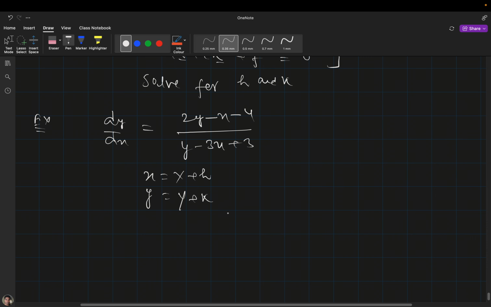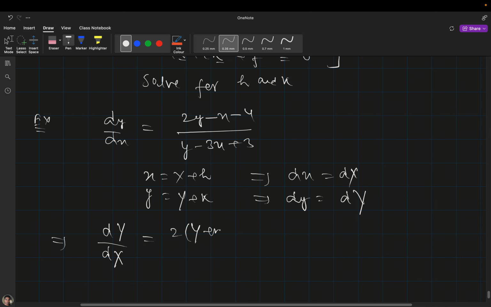Also, dx is nothing but capital dX and dy is nothing but capital dY, so I can write dy by dx as capital dY by capital dX. Replacing y with Y plus k and x with X plus h, we get (2(Y plus k) minus (X plus h) minus 4) divided by ((Y plus k) minus 3(X plus h) plus 3).